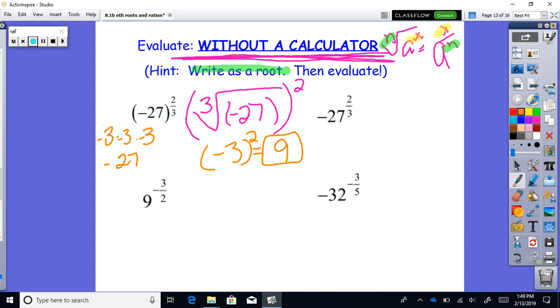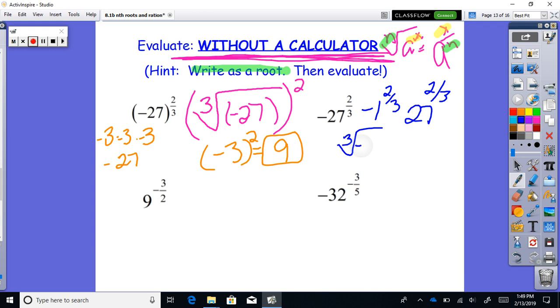The difference between the first example and the second example is that this is giving you the cubed root of negative 27 without the parentheses. So technically this is supposed to be negative 1 to the 2/3, 27 to the 2/3. I think you end up getting the same answer. Actually, you might get a positive. Let's see what happens.